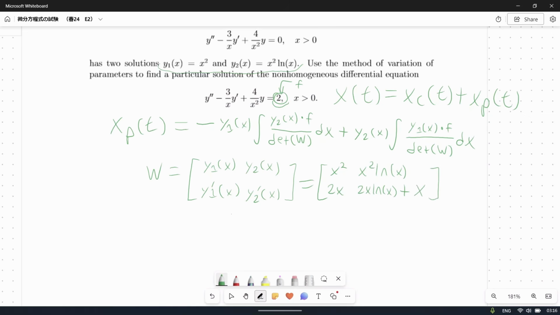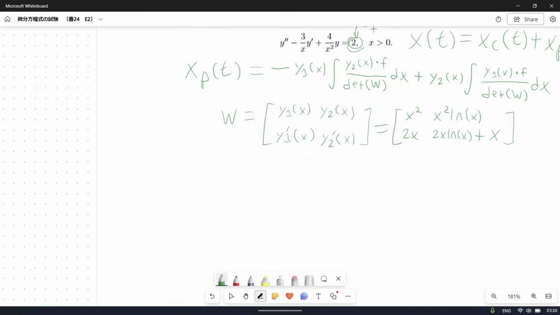And now we have to find the determinant of that. Since it's a 2 by 2 matrix, the determinant of the Wronskian is the top left multiplied with the bottom right, subtracted by the bottom left times the top right. So that ends up being equal to x squared times 2x ln of x plus x, minus 2x times x squared ln of x, like so.